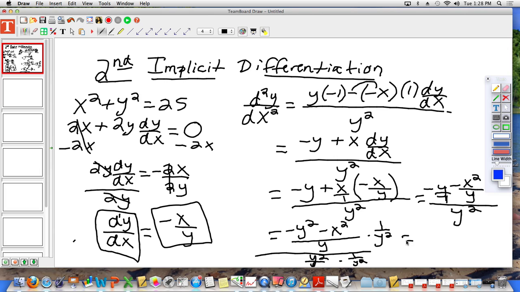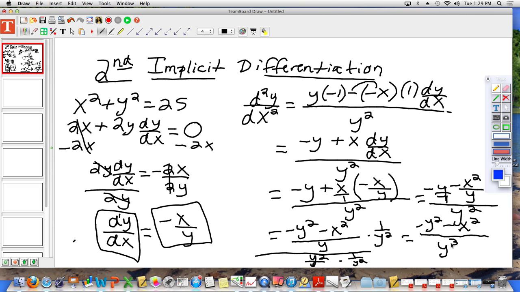So we have this numerator that has to be multiplied by 1. That's not bad. Leave it like that. So we have negative y squared minus x squared divided by y times y squared, which is y cubed.